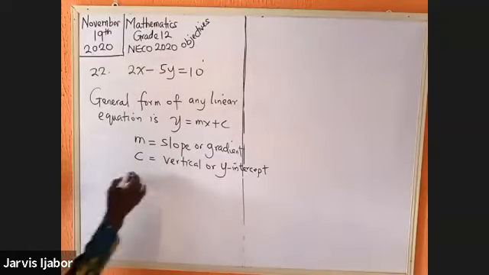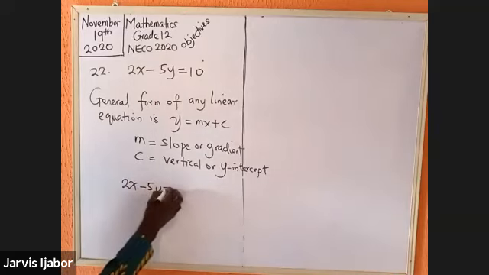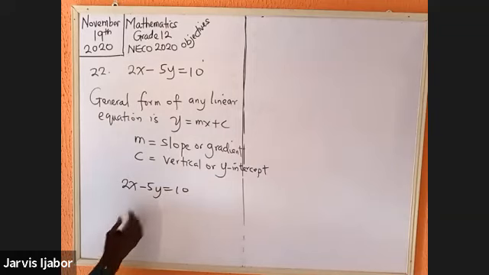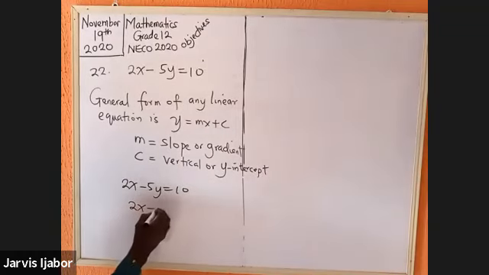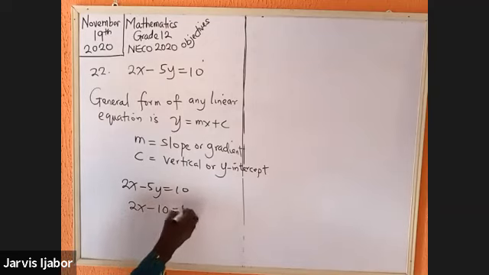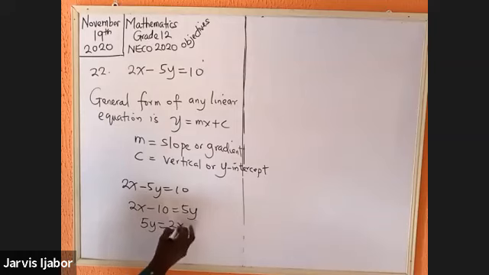So, I'll start by doing this. I'll have 2x minus 5y equal to 10. So, what do I do first? I'll move this way and bring this way. 2x minus 10 is equal to 5y. I'll rewrite. 5y will be equal to 2x minus 10.